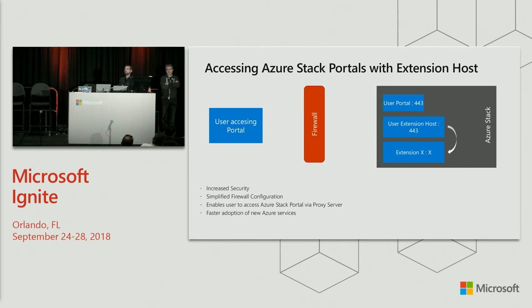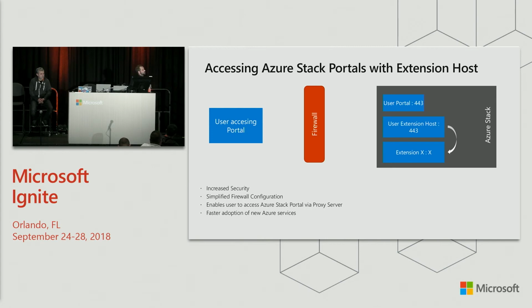We also had customers that said, hey, my end users are all sitting behind a proxy server, and the proxy server only allows outbound 80 and 443. They can't access the Azure services that I offer. But for us, it means we can also provide Azure services faster to you because we don't need to refactor them.